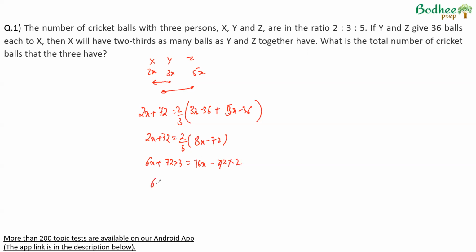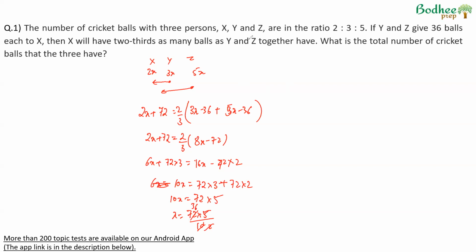So 16x minus 6x is 10x, 72 into 3 plus 72 into 2. So 10x is equal to 72 into 2 plus 3, which is 5. Dividing, x becomes 72 into 5 by 10, 5 twos are 10, 72 divided by 2 is 36, so x becomes 36.